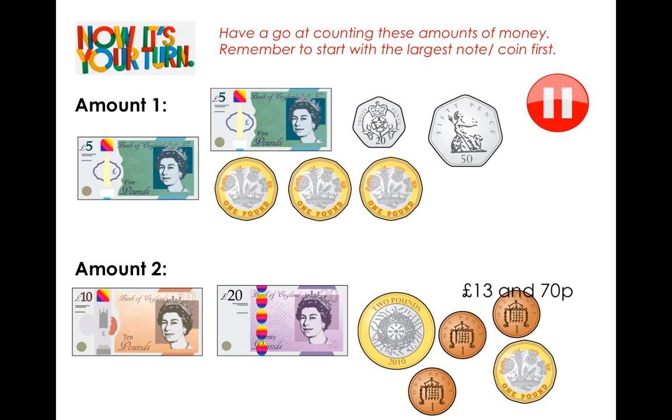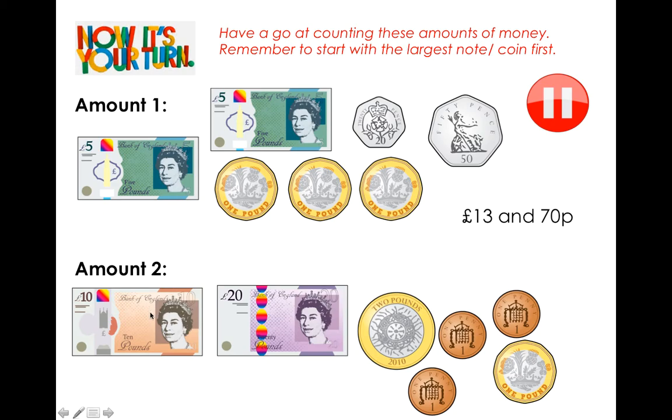Brilliant. What did you get? So for this one, you should have added the two 5s together to make £10, added on the pound coins, the 3 of them, to give you £13, and then we had 50p and 20p to give us 70p. Okay, super.